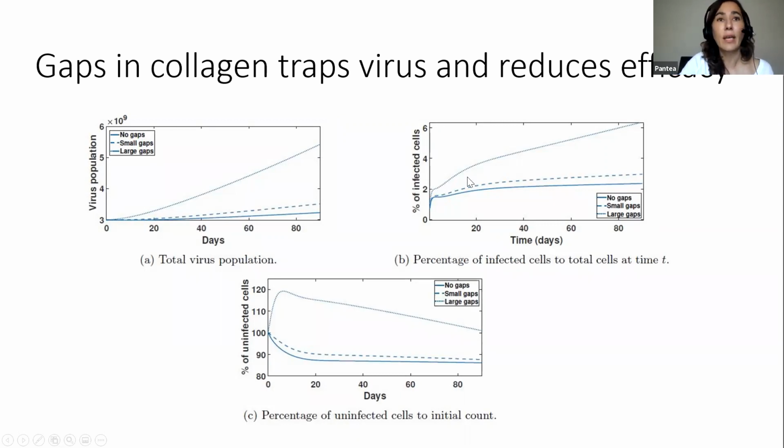However, for the tumor population, we can see that when we have these large gaps, because the virus is falling into these gaps, the tumor will continue to grow before it begins to respond. Whereas with the smaller gaps or no gaps, you're getting a decay pretty much immediately.